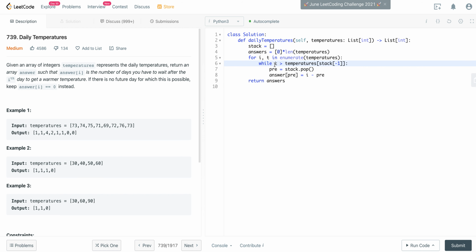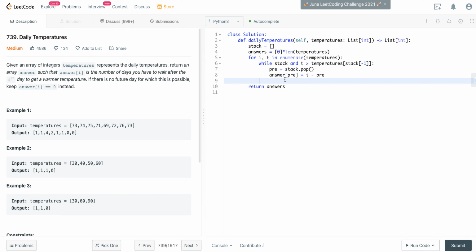So you only want to put it in. You don't want to check it. After you pop out all the temperatures that are lower than the current one, you can be confident all the temperatures left in the stack are higher than the current one.